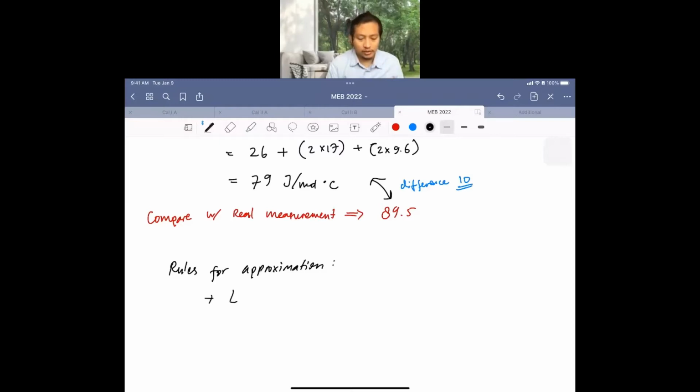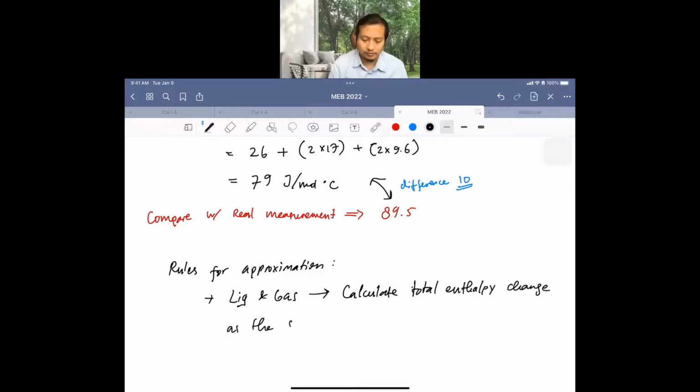So for liquids and gases, we need to calculate the total enthalpy change as the sum of enthalpy changes for the pure mixture components.